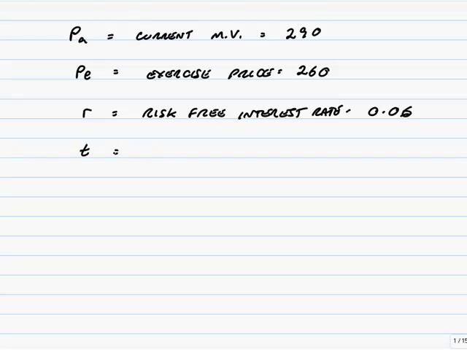T is the time to expiry in years. So no problem, but do be clear what I mean. In our example, these options are exercisable in 6 months' time, so the time to expiry is 6 months. And of course 6 months is half, or 0.5 of a year.